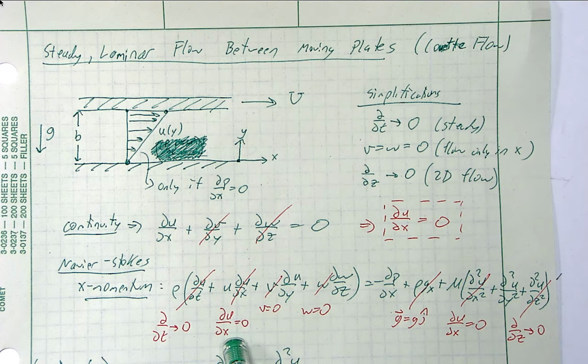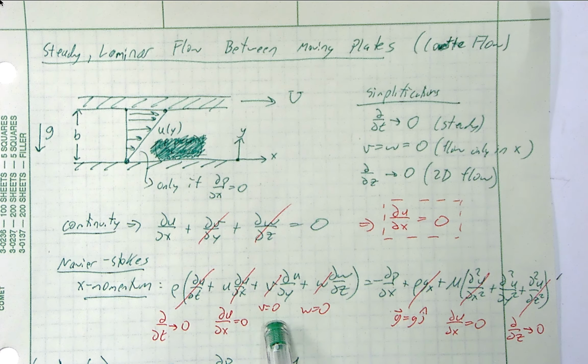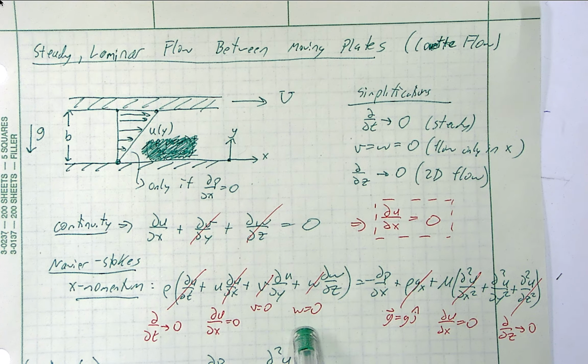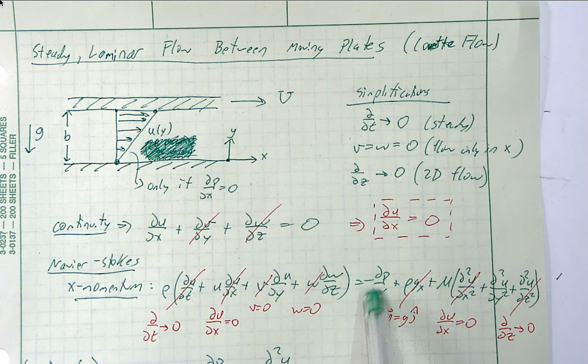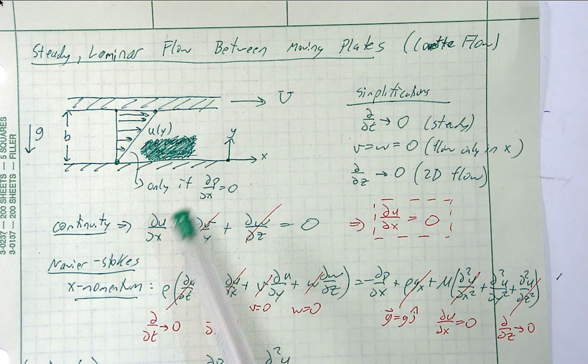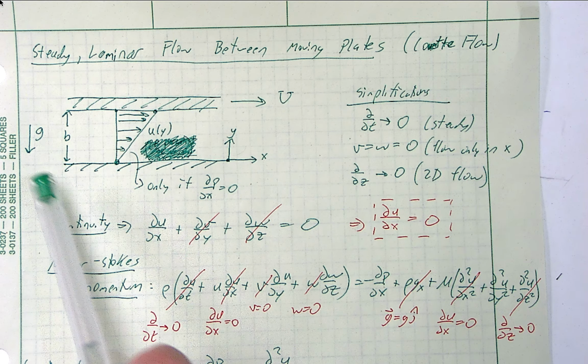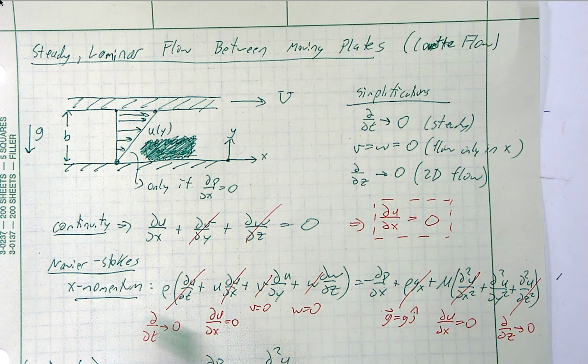From continuity, this term goes to 0. Our v velocity and w velocity are both 0, so these terms go to 0. This is the pressure gradient in the x direction, which is what we have up here. This is true if dp/dx is 0, but none of our simplifications allow us to say anything about this term. Our gravity is downward in the y direction, so there's no x component of gravity, and that term goes away. Now we get into our viscous shear stress terms.